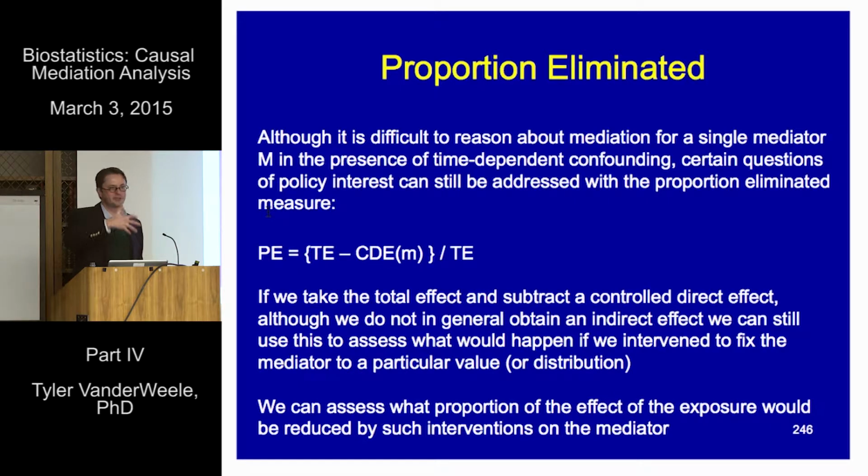Often the motivation for doing a mediation analysis is said to be, well, if we find an important mediator, then we can try to intervene on it to block the path. But if that's the case, then what's of interest is really not the natural direct and indirect effects, but the controlled direct effect. And the controlled direct effect we can still do even in this more complicated setting. So at least the most policy relevant questions we can tackle here.